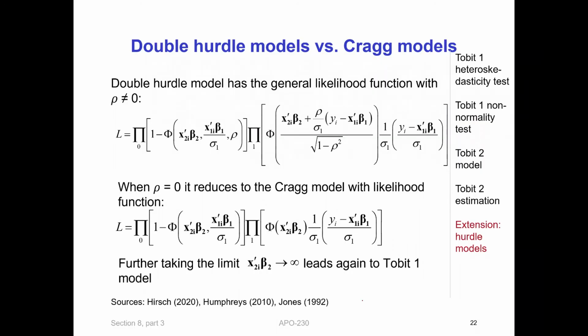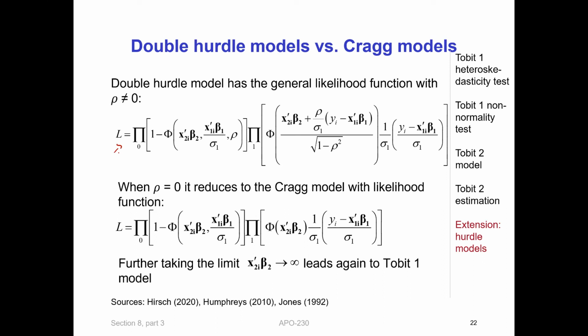The next thing we should distinguish is the difference between the double Hurdle models versus the Cragg models. And for this purpose, we should write the likelihood functions a bit more explicitly with x, betas, and the sigmas, and rho, the correlation coefficient of the two errors in there. Why?